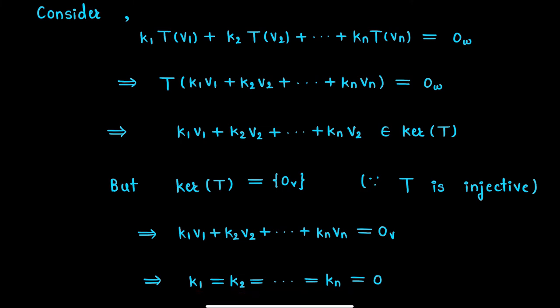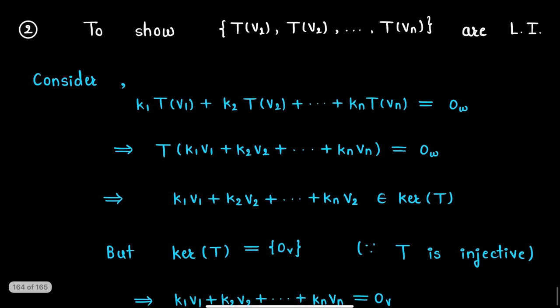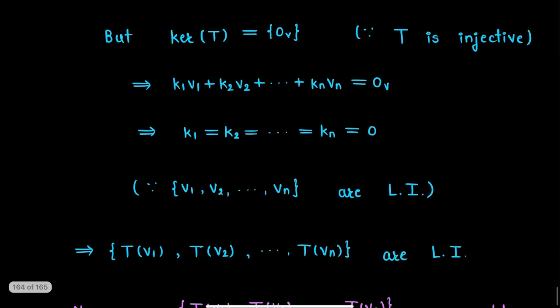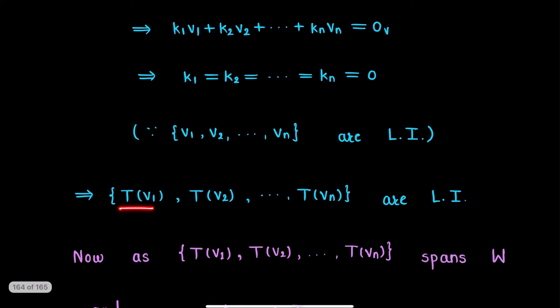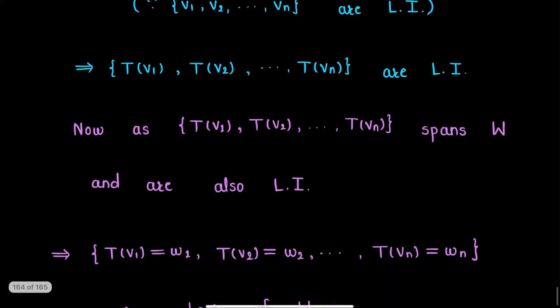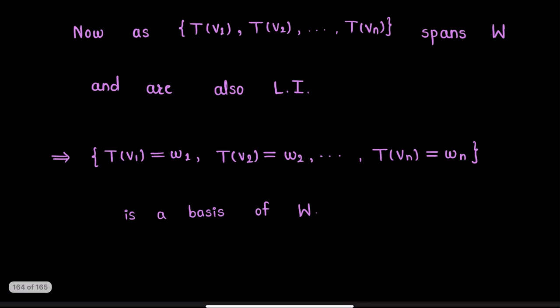Now since these scalars come out to be 0, and we had considered at first that this linear combination is equal to 0, from the definition of linearly independent vectors we can conclude that TV1, TV2 up to TVn are linearly independent. Now we have shown that the vectors TV1, TV2 up to TVn span the vector space W and also they are linearly independent.